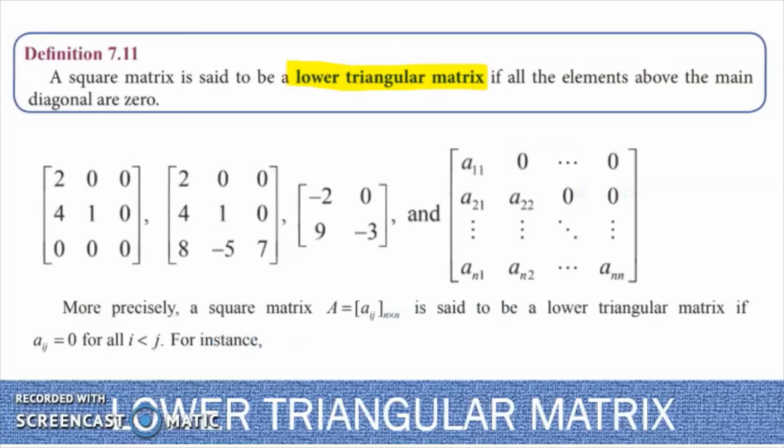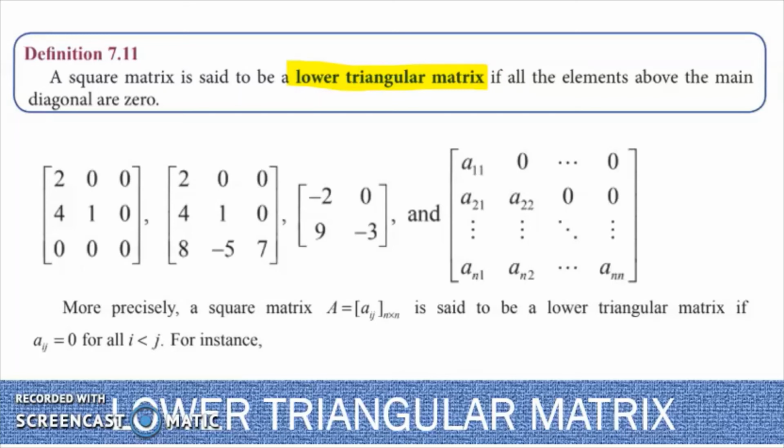Next, let's see lower triangular matrix. Again, as the name states, all the elements in the lower triangle of this matrix will have values, whereas the ones which are in the upper triangle will all be 0.